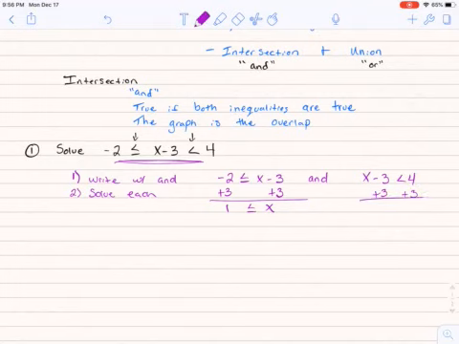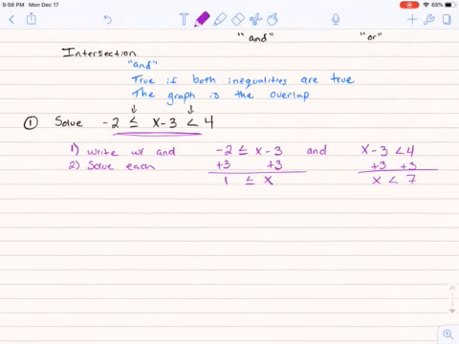I'm adding 3, and I have x is less than 7. Okay. Now my last step is going to be to write the solution set and graph it.